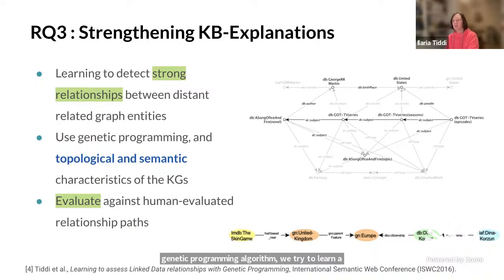So we really looked into how many hubs there were, how strongly connected the graph was, and which kind of vocabularies the graph was using. We gave all these to our genetic programming algorithm, and then we tried to come up with a function that would tell us, okay, this is a strong relationship, and we evaluated that against a human evaluated relationship path.